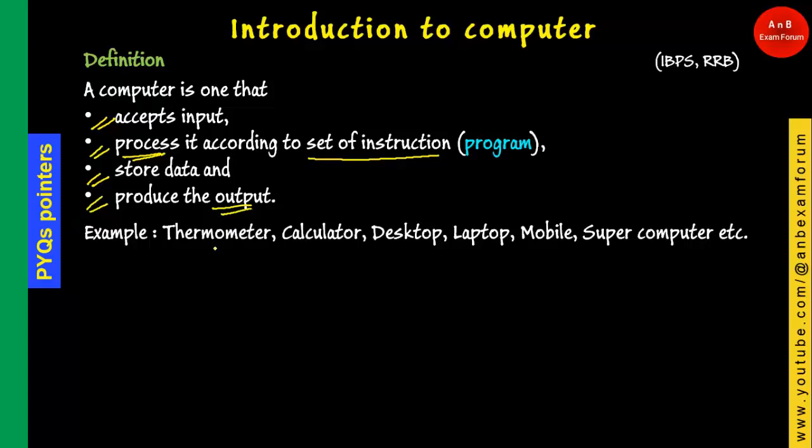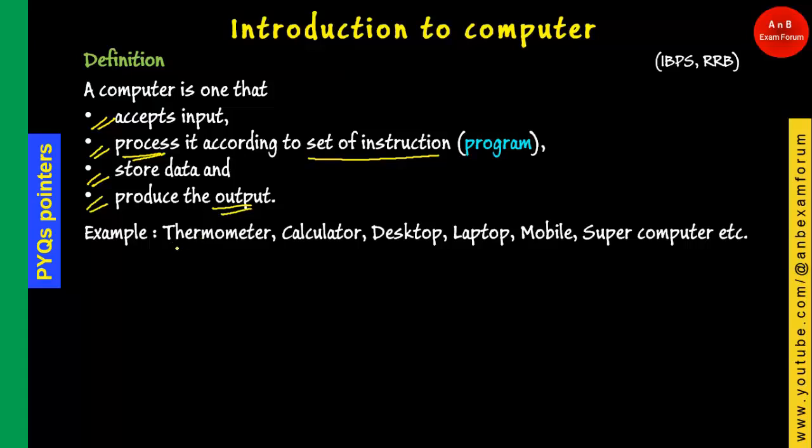Okay, so there are many examples of computers you can think of which do the same thing. If you take a thermometer, okay, a thermometer is also a computer. How is it a computer? Because it accepts the input. How is it accepting the input? By the heat. Okay, the heat acts as an input. After heat your mercury expands and afterwards it is going to output how much temperature you have.